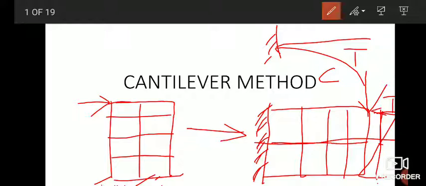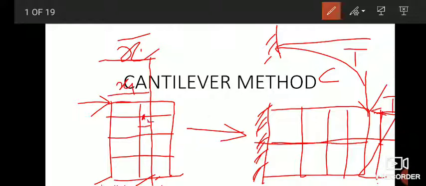If you imagine the same in the case of the portal frame subjected to horizontal loading, that concept holds good. If this is our centroidal vertical axis, let it be x bar, and the distance from each column is x1, the distance to the second column is x2, and the distance to the third column is x3.